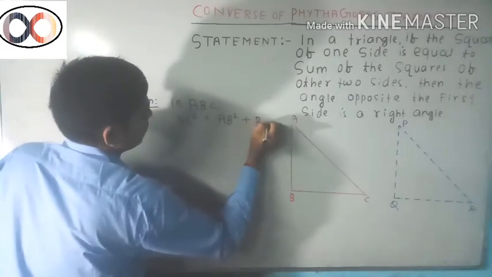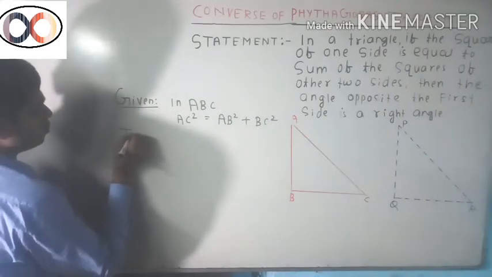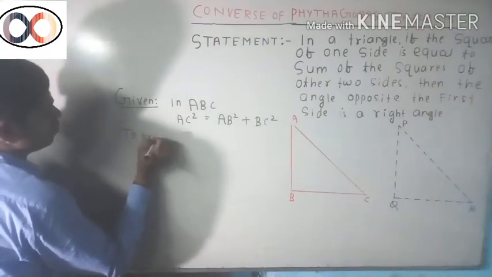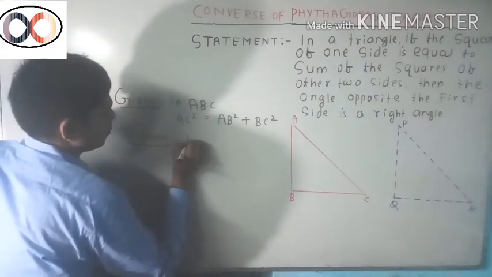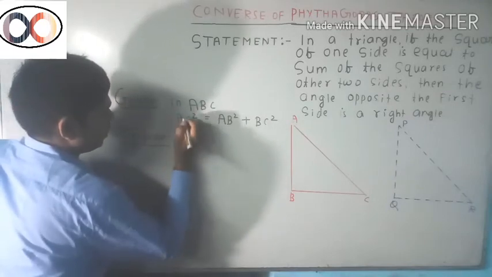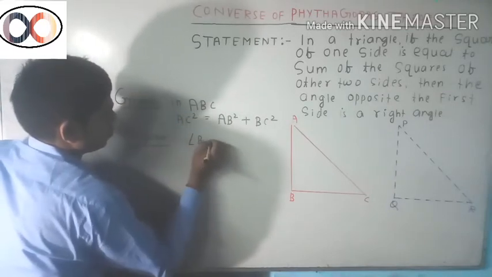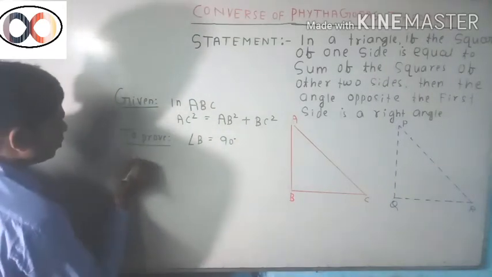It is already given. To prove, we need to prove that angle B equals 90 degrees.